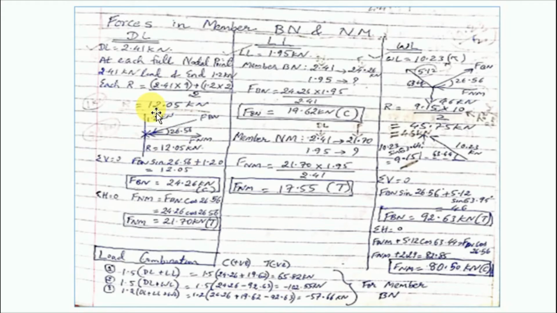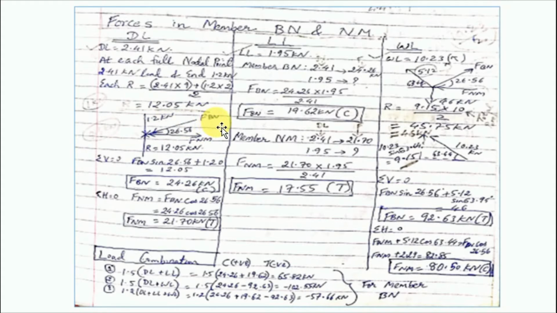Using this figure we have to find the reaction first. 2.41 is our dead load into distance 4 plus 1.2 into 2, divided by 2. So here is our reaction, and now we have to find the vertical component and horizontal component of this member.